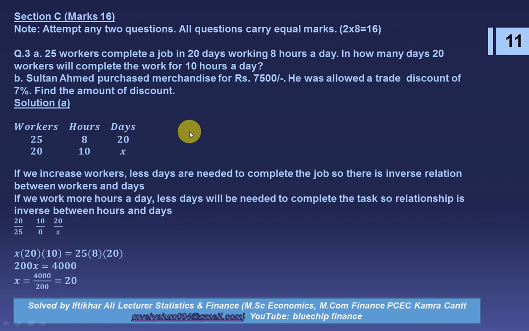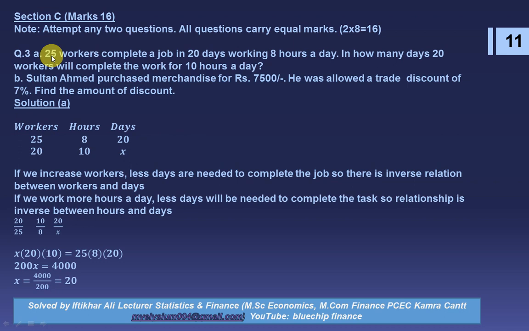So first of all, we should identify the variables involved in this question, and the missing variable. According to me, it is not necessary that it should be according to you, but I prefer that the missing variable should be taken on the right hand side. So there are three variables: workers, hours and days.